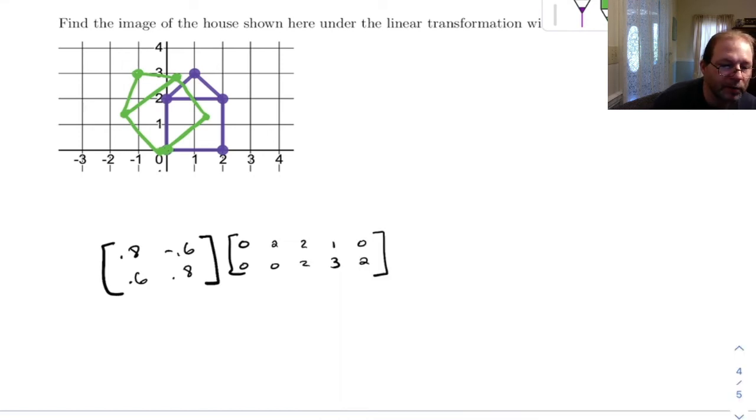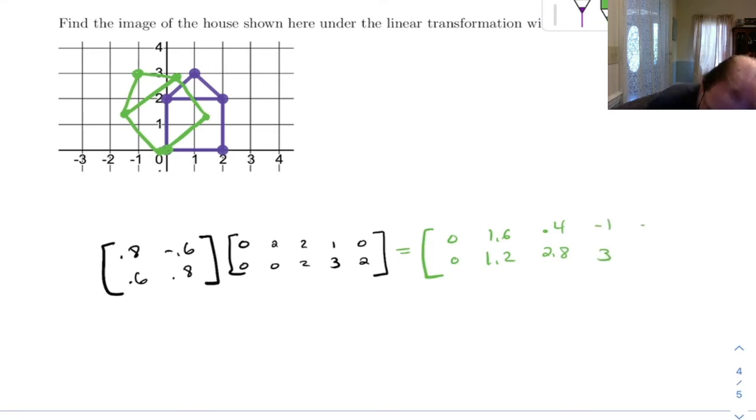I'm going to copy those down. We got 0, 0, 1.6, 1.2, 0.4, 2.8, negative 1, 3, negative 1.2, 1.6.